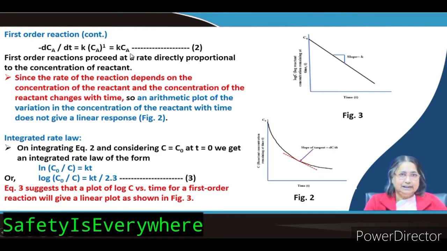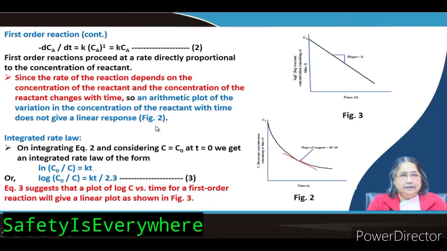From the rate expression we get this, but this point is very important: the rate of the reaction depends on the concentration of the reactant, and the concentration of the reactant changes with time, okay. This is understandable.